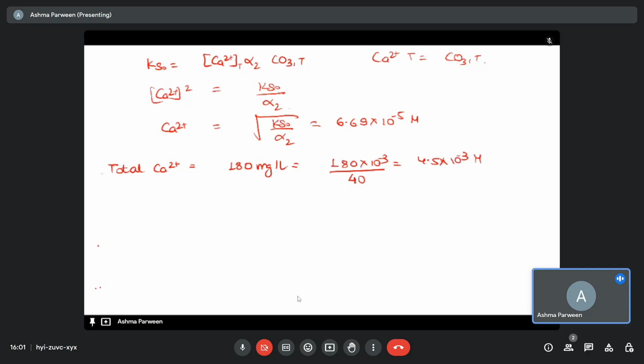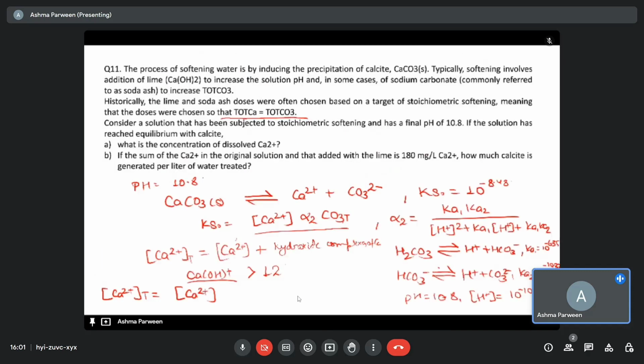So this is the total calcium, that is the sum of calcium in the original solution and that added with the lime, and we have to find out how much calcite is generated. Here we can see that for making 1 mole of calcium carbonate, that is calcite, 1 mole of calcium is required. So if 1 mole of calcium carbonate is formed, 1 mole of calcium is removed from the dissolved form and converted to the solid form.